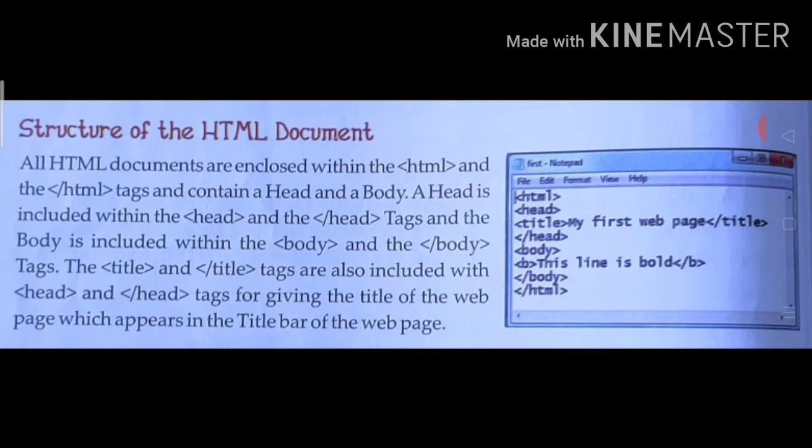A head is included within the head and the slash head tags and the body is included within the body tag and the slash body tag. The title and the slash title tag are also included within the head and slash head tags for giving the title of the web page, which appears in the title bar of the web page.